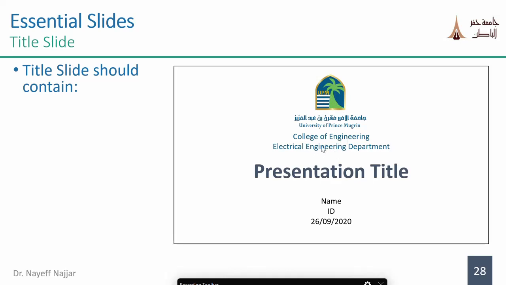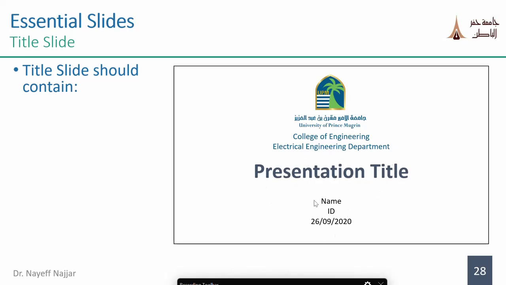Things like the college and the department have to be there. And then there has to be the presentation title, which is the most important part of your title slide. It has to be large, in a bigger font, maybe a different color, and it can be all bold. This is very important to have.